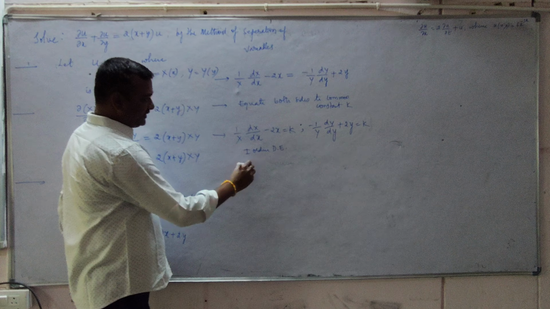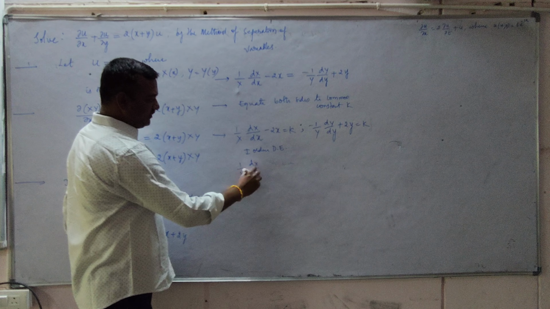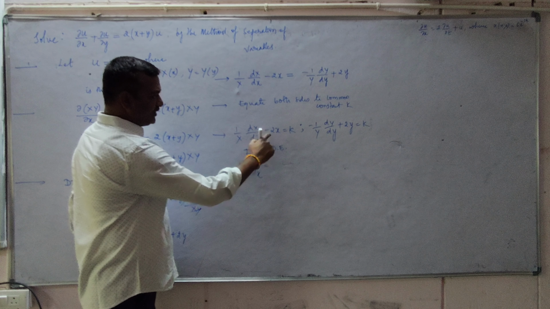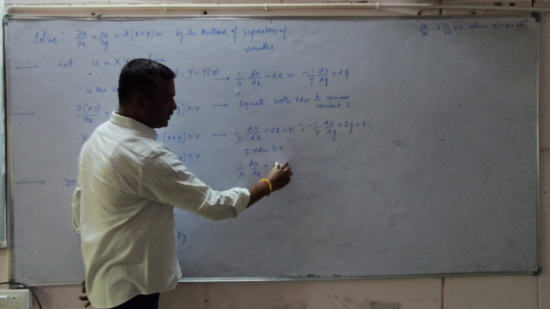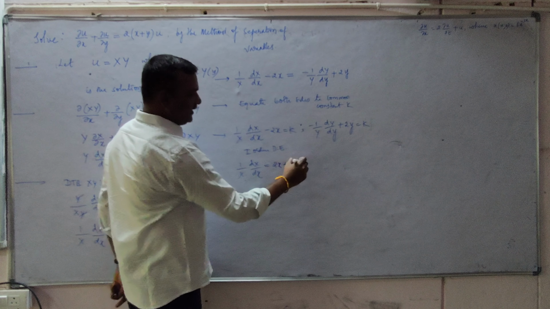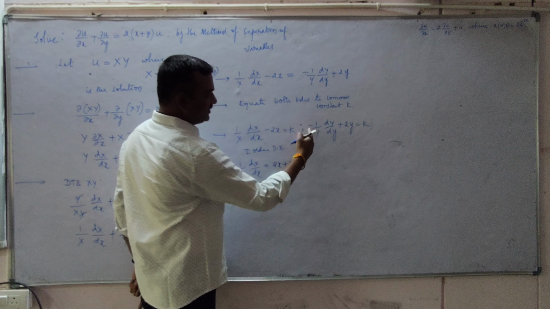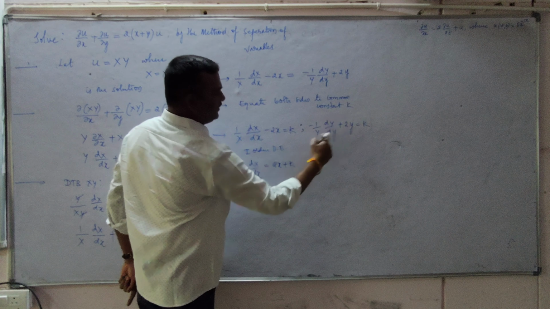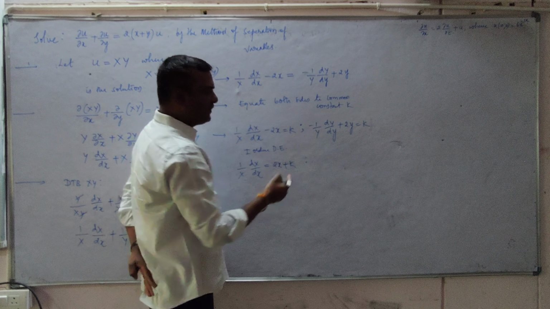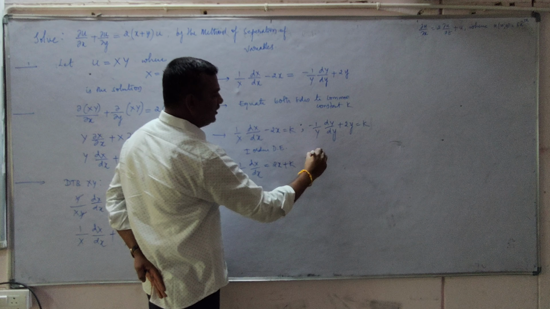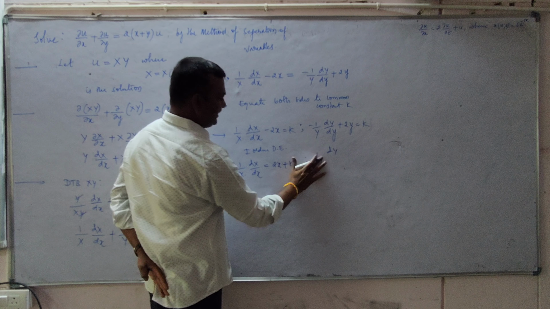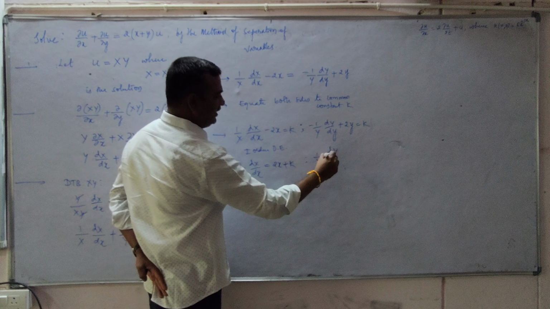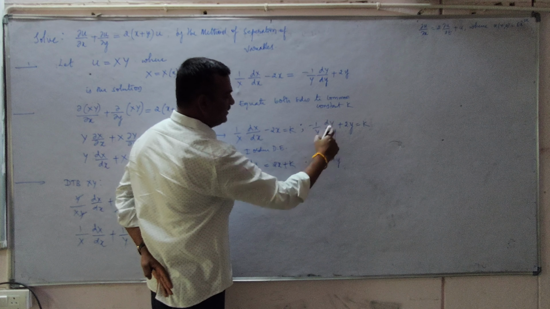1 by capital X into dX divided by dx is equal to minus 2x; it goes to the right side and becomes plus 2x plus k. Here, how do you express this? I am multiplying both sides by the minus sign. What will happen? 1 by Y, dY by dy.